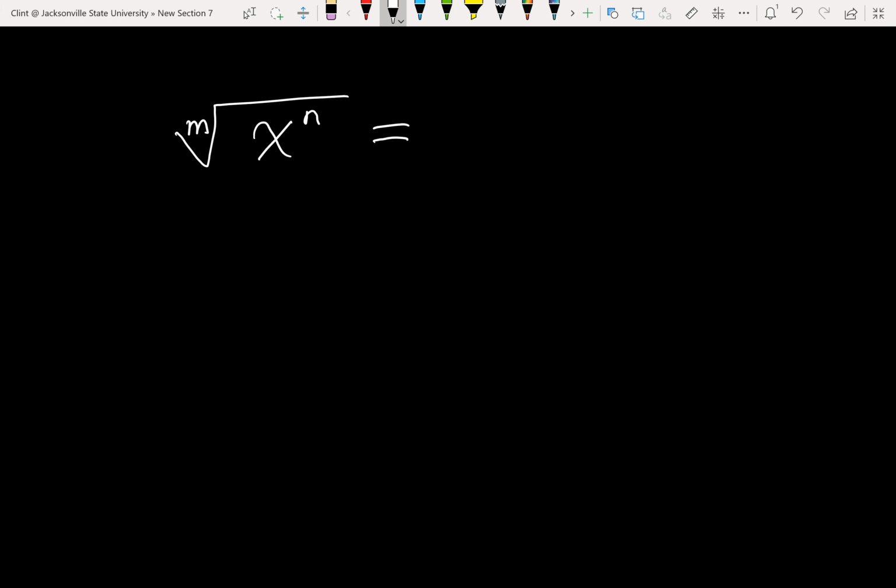Whatever number is on the radical, call that our index, that's going to be the denominator, the bottom of our fraction. So this thing is going to be x to the m over n power.